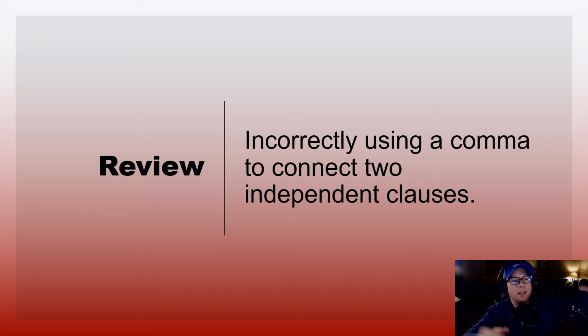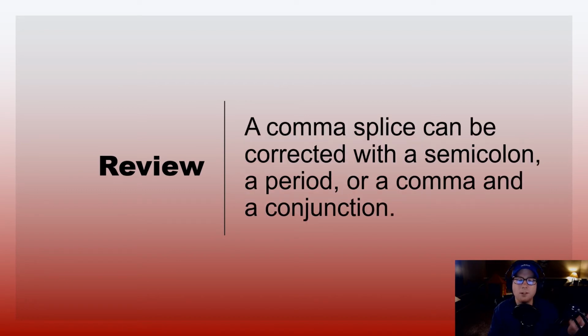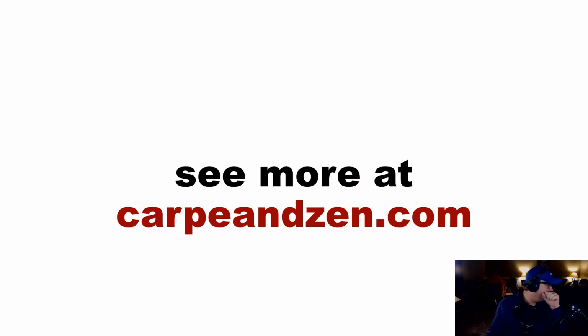You got two equal ideas, you put a comma in the middle, and you didn't try to connect it correctly: comma splice. How do you fix it? Just like we talked about, a comma splice can be corrected with a semicolon, a period by just separating the two things, or you can leave that comma and add a conjunction that helps to connect things, because that's really what you're missing.